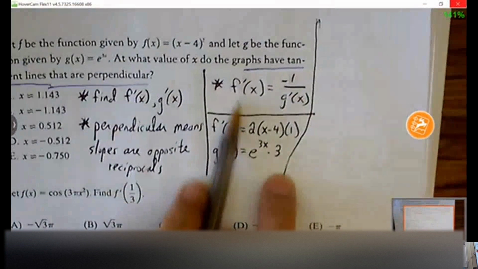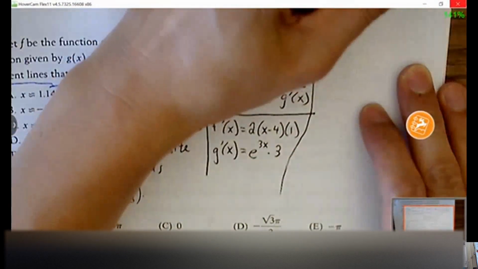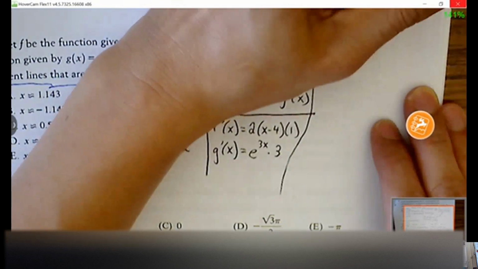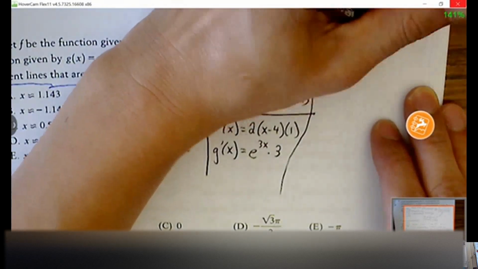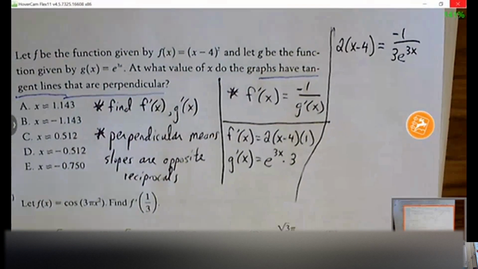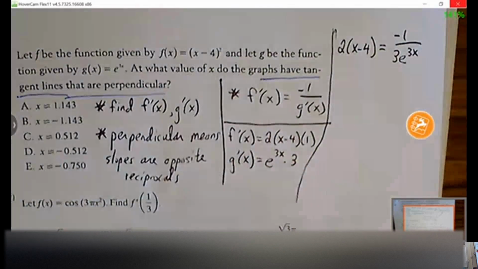All right, so now we're going to jump into this relationship here. f prime equals negative 1 over g prime.